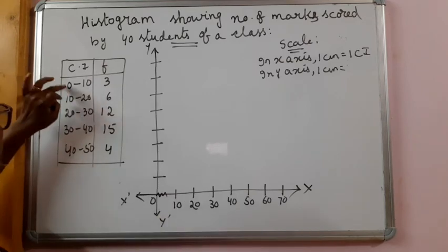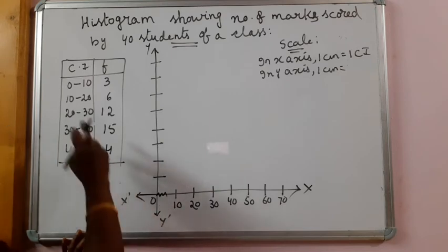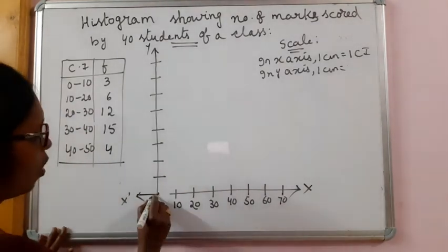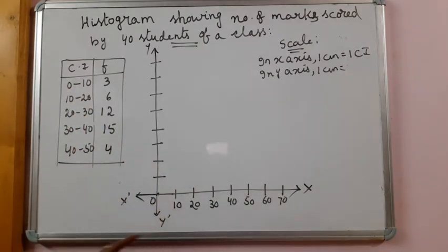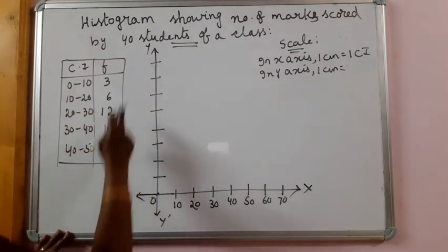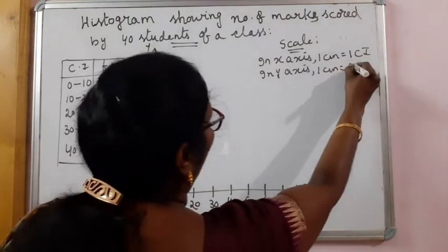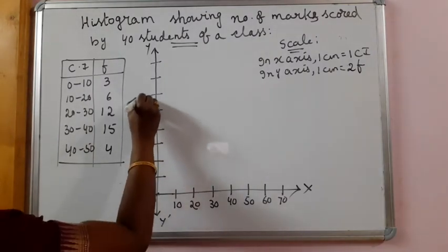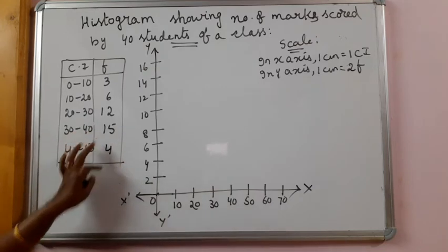Suppose here 50 will be there, give the kink mark and start with 50. Here in this case, it is not needed because the lower limit of the first class interval is starting from 0. And on the y-axis we can take 1 cm equal to 2 frequency: 2, 4, 6, 8, 10, 12, 14, 16. Enough. Maximum number is 15.